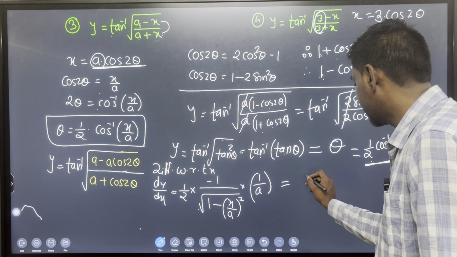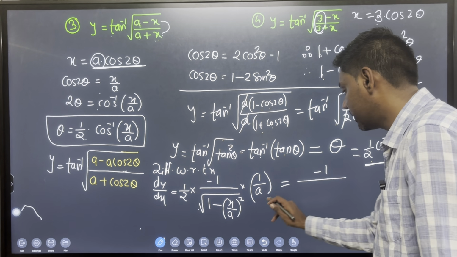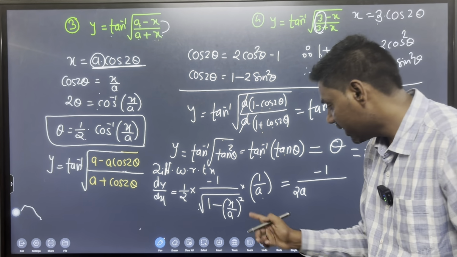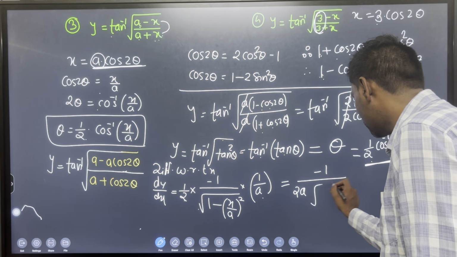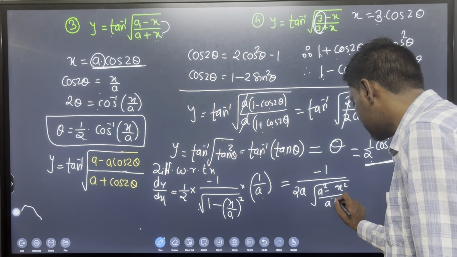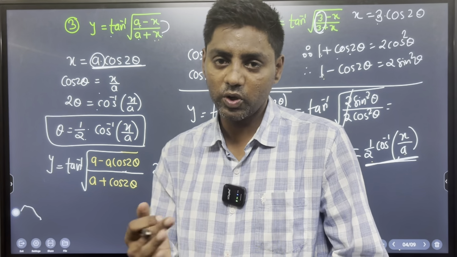So here we get minus 1 divided by a into 2, we write the multiplication as 2 times a. And here we also do the cross multiplication. So what answer do we get? a square minus x square divided by a square, after solving the square of that bracket.